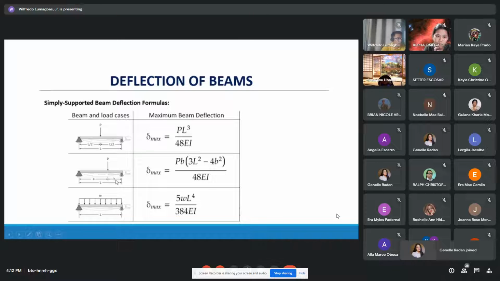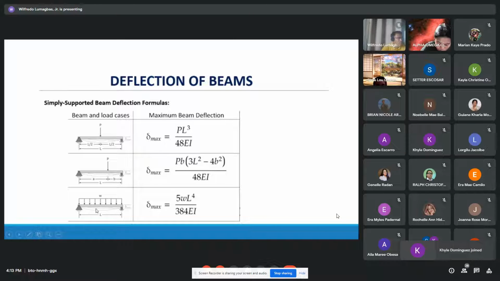Another load case: we have a concentrated load P at a distance A from the left support, and distance B at the right support. The maximum deflection is equal to PB times (3L squared minus 4B squared) all over 48 EI.